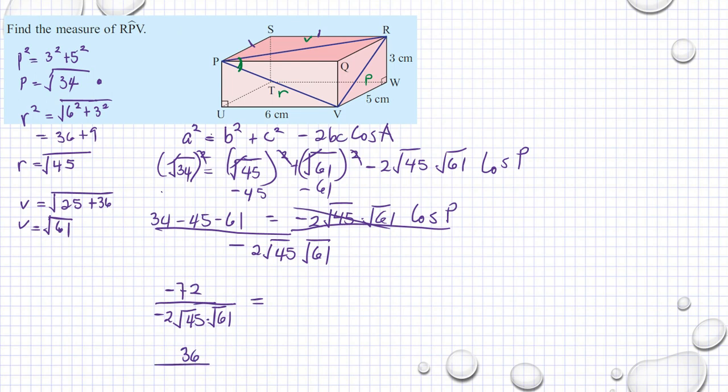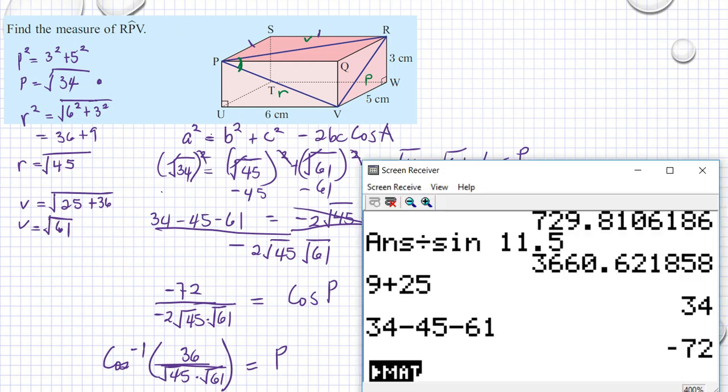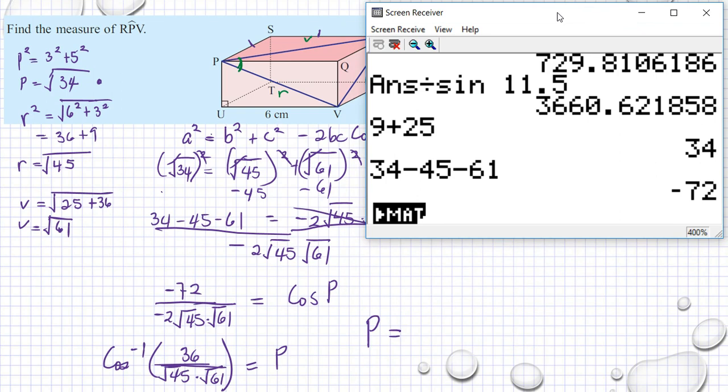Okay, divided by square root of 45 times square root of 61 is equal to, this is now our cosine p. So our p now is arc cosine of the whole thing here. So our angle p, let's take our calculator here.